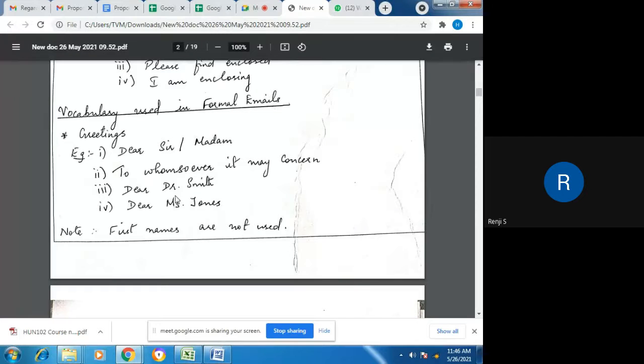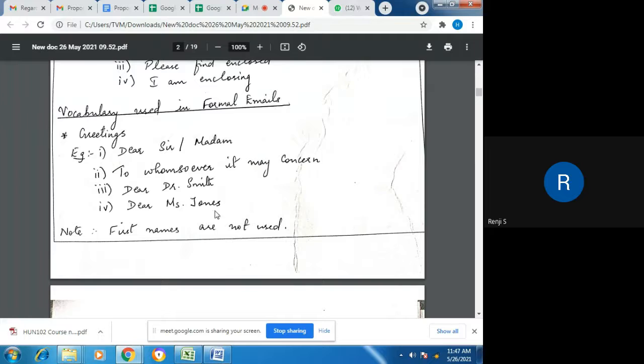Then if you know the name, you can directly address the person with his name, like dear Dr. Smith or dear Mrs. Or MS, which is used when you don't know whether this particular person is a male or a female. For ladies, if you don't know if it is Miss or Mrs., then you can just address them as MS Johns.